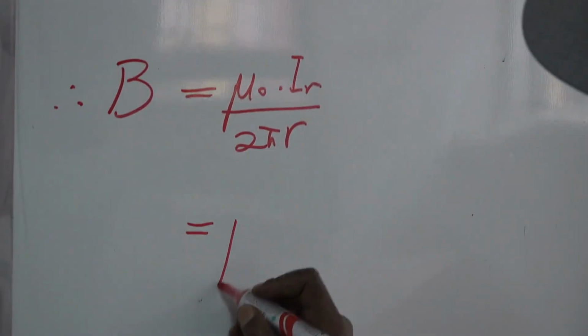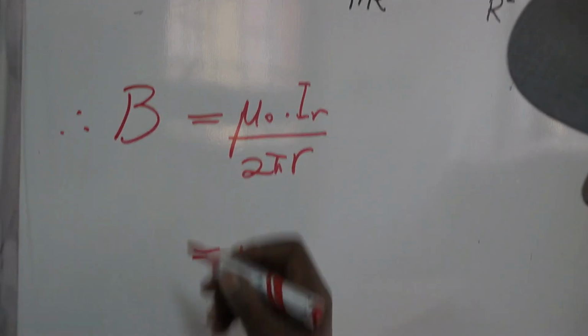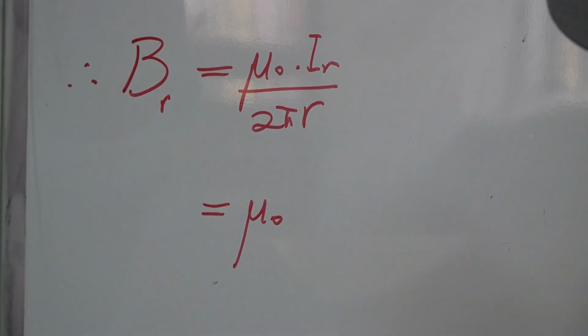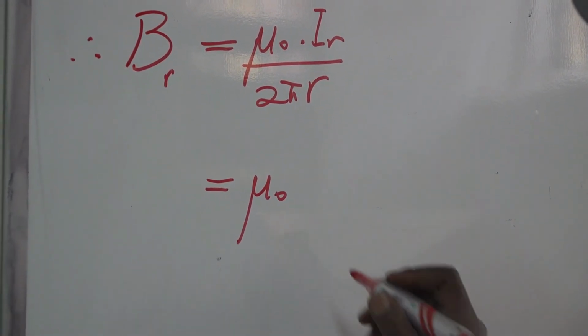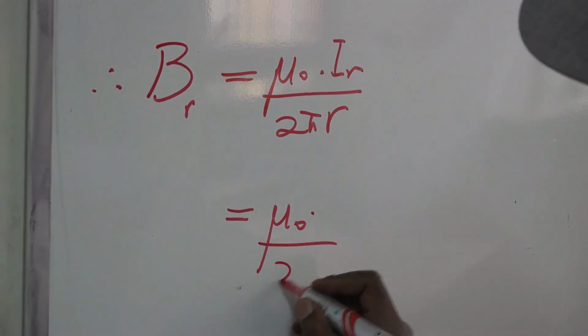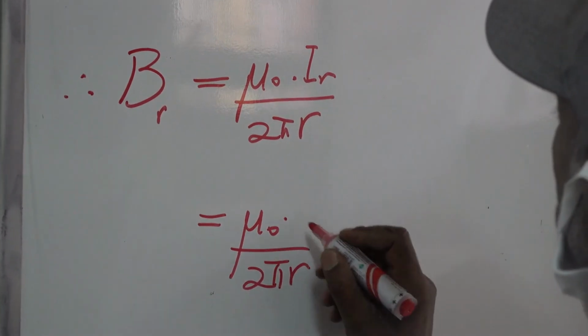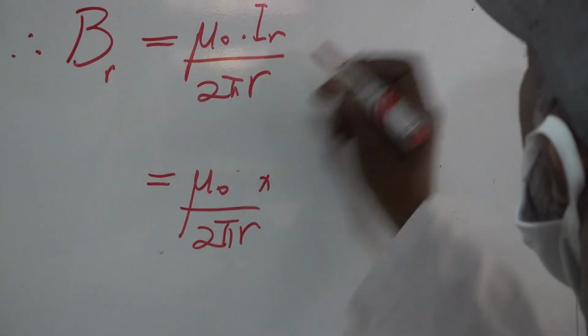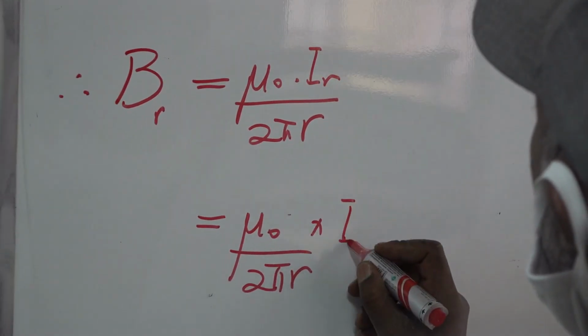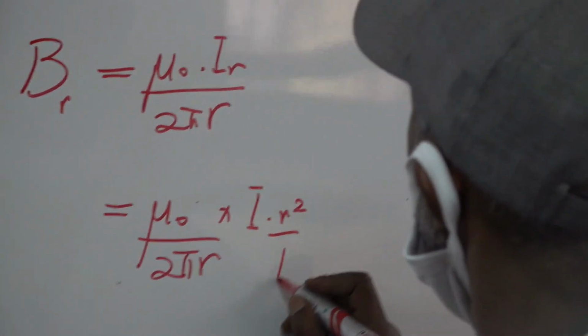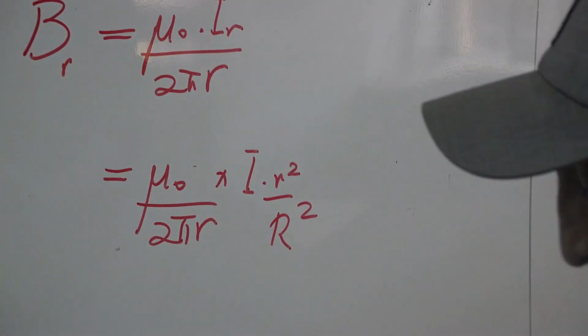So I get B, the magnetic field strength at any given distance inside the wire, equals mu 0 over 2 pi r times I_R. And I_R is I times small r squared over capital R squared.